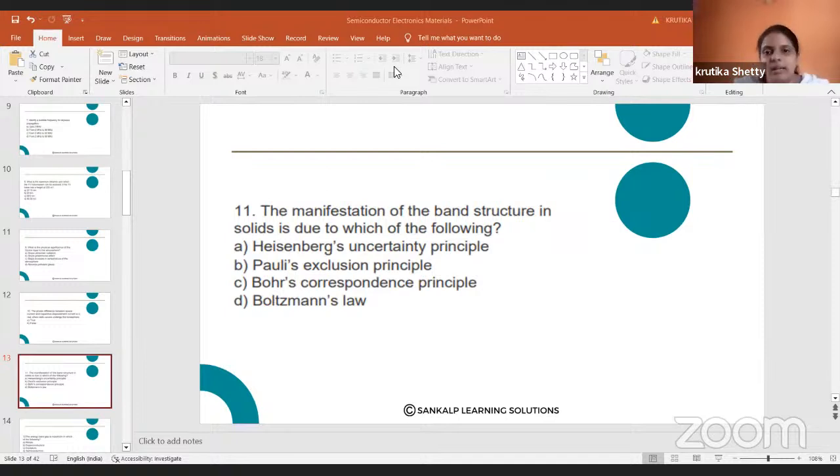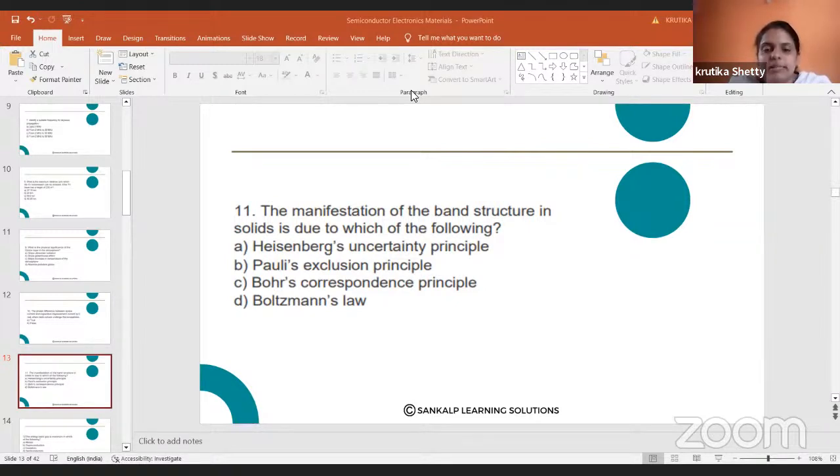Can anyone write and tell me what is Pauli's exclusion principle? What is it? It explains the electron pairing, or how the electrons take the orbits. So what is that rule? Anybody remember what is the rule?